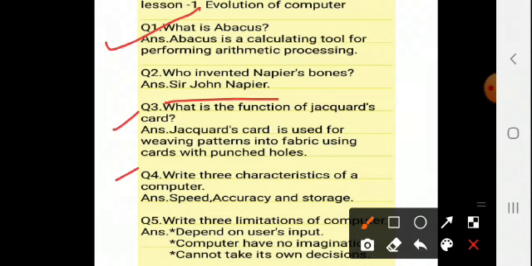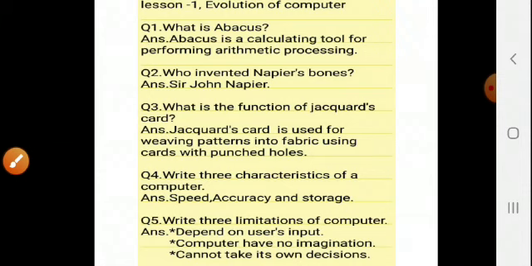Very simple: its speed, accuracy and storage. Now the fifth one: 3 limitations of computer. Depend on user's input. Computer has no imagination and cannot take its own decisions. Understood? Now complete your work. You can take a screenshot or pause the video to complete your work.